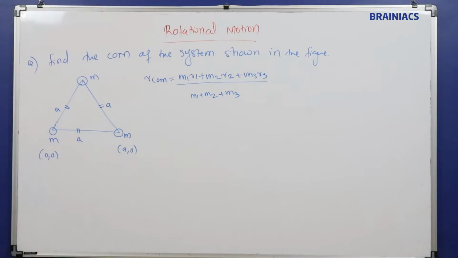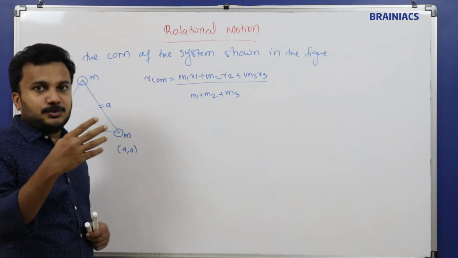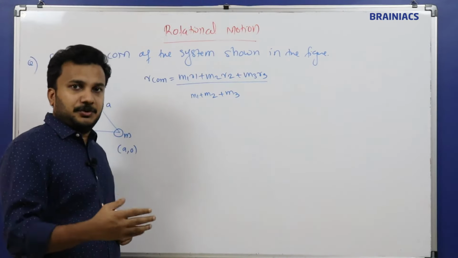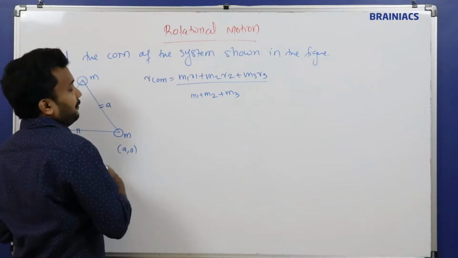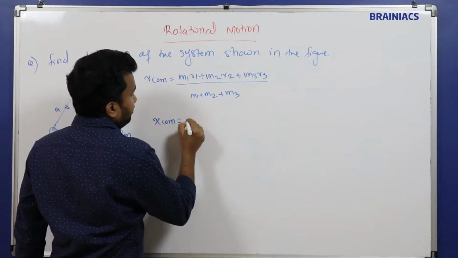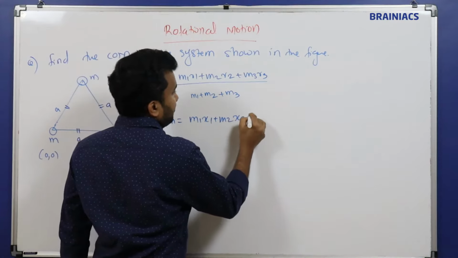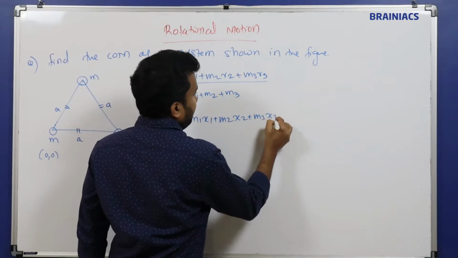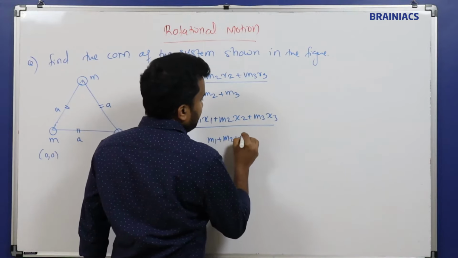You can take them in any order. R1 is x1 y1, R2 is x2 y2, R3 is x3 y3. So this can be written in components: XCOM equals m1 x1 plus m2 x2 plus m3 x3, whole divided by m1 plus m2 plus m3.